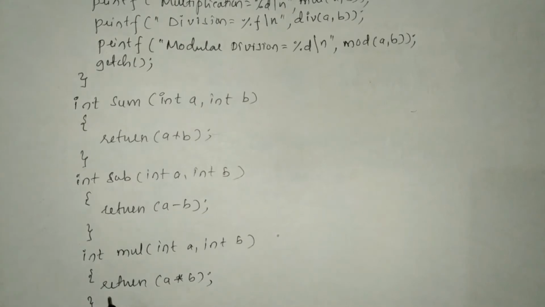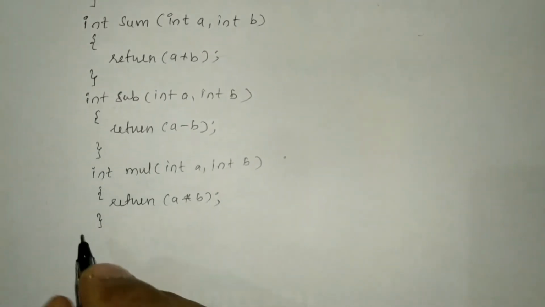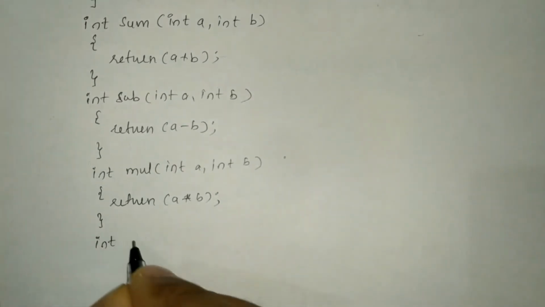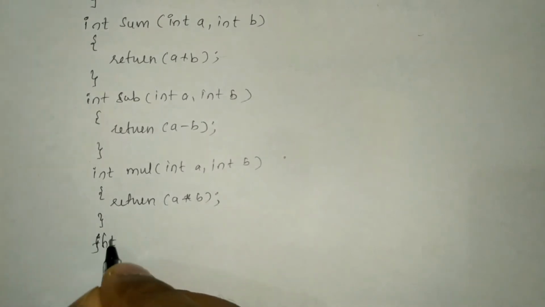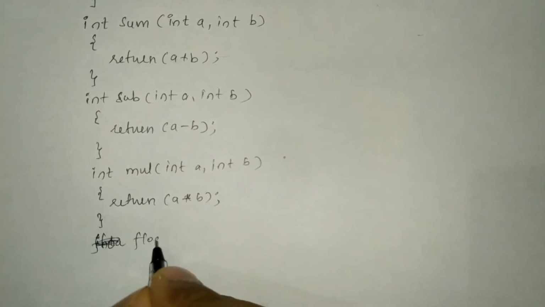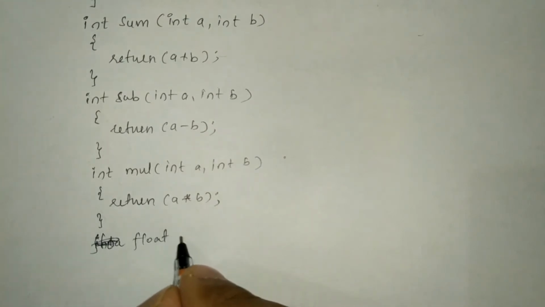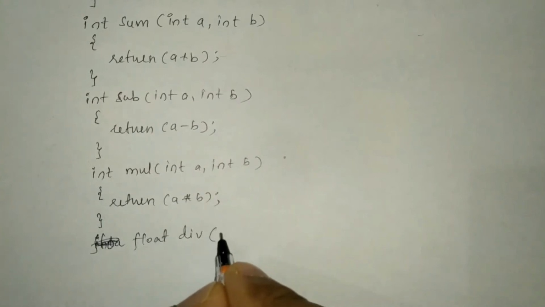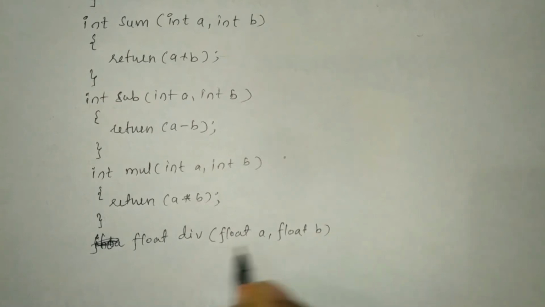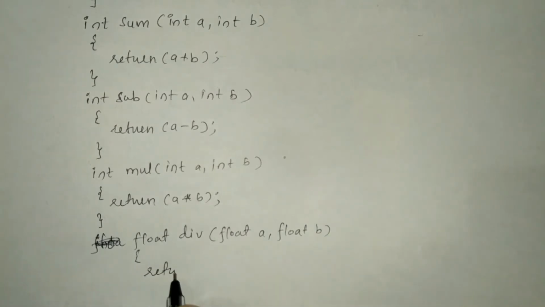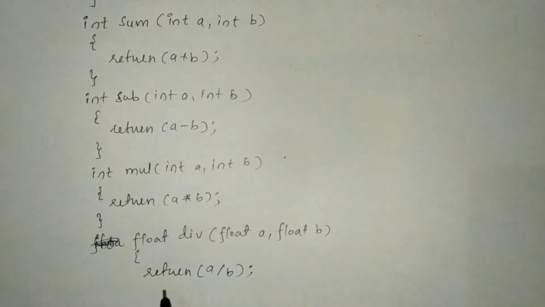Now once again we are going to write a similar function for division. For division we have to write float, right? Yes, so we'll write float here, and the name of the function was div, float a comma float b, curly open brace, here I'm going to write return a divided by b and put semicolon, curly closing brace.